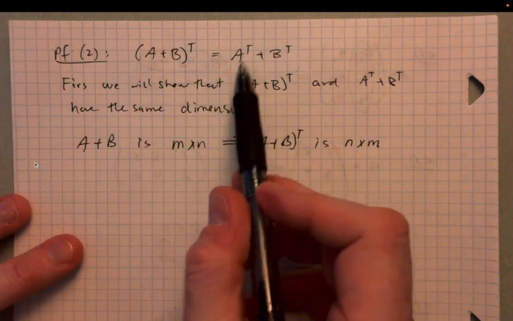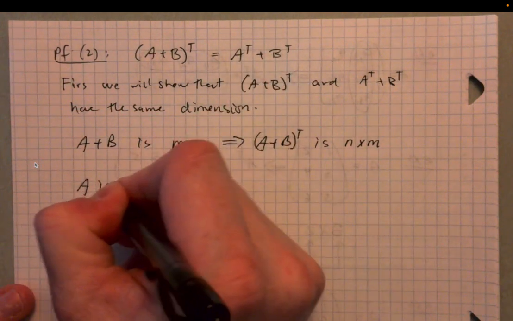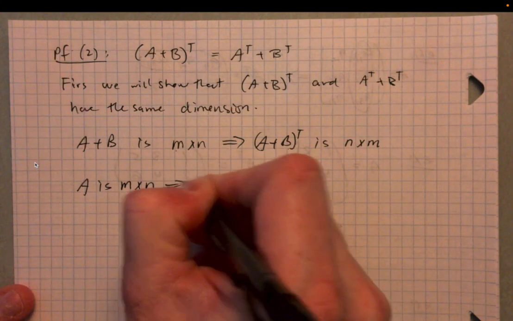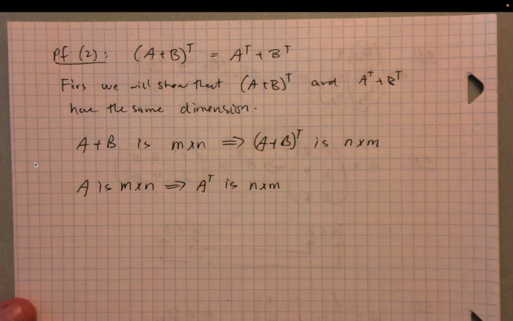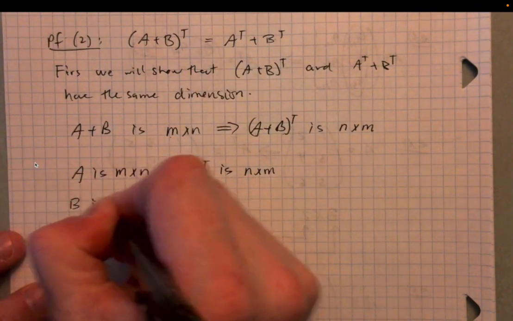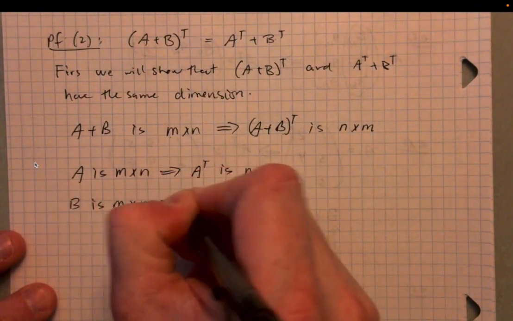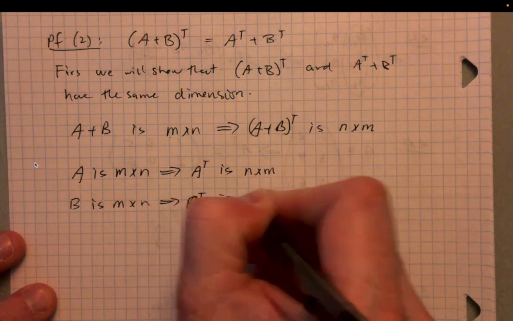Okay. Now let's talk about this one. A is m by n, which implies A transpose is n by m. B likewise is m by n, which implies that B transpose is n by m.